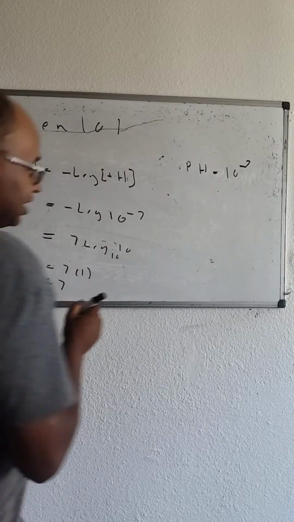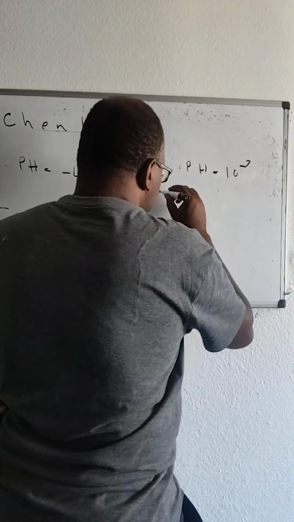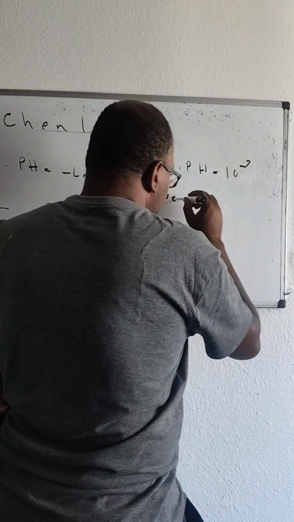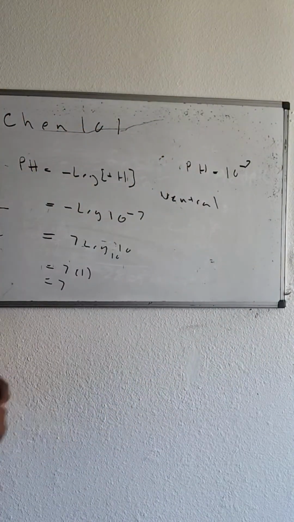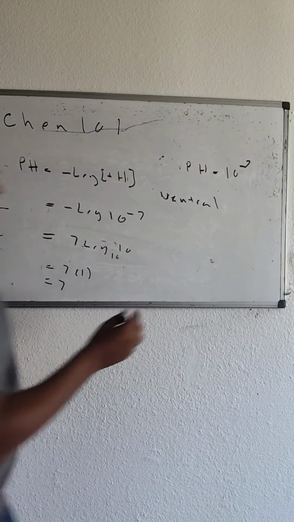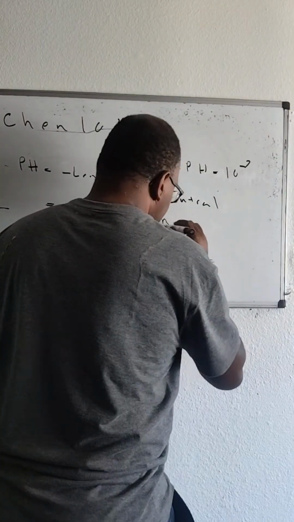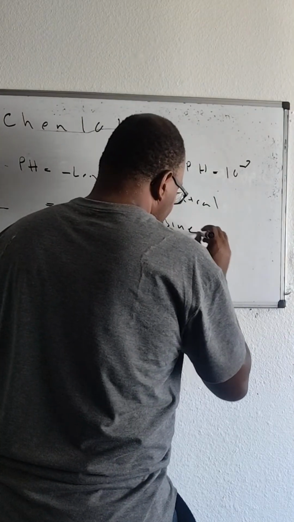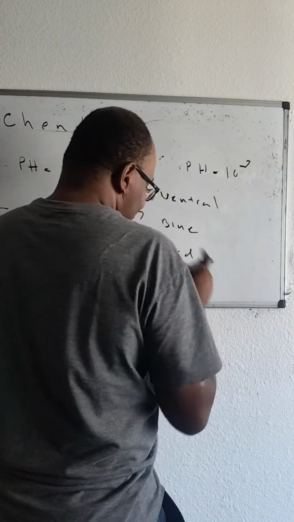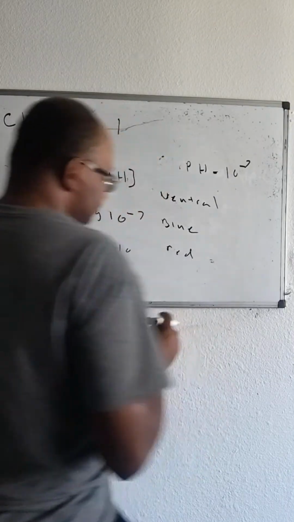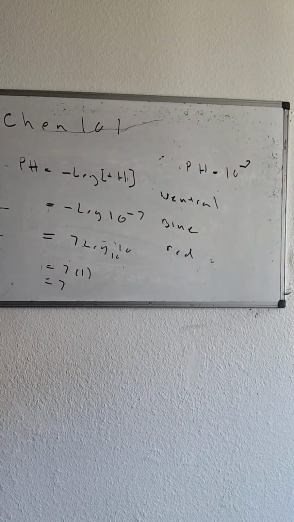So what can we say? 7, so we know that it's neutral, which is blue. Now if it's red, very acidic. It's known as the pH scale, guys.